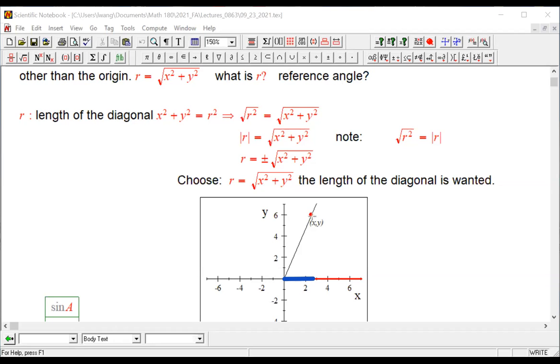And that is y. So this is x, and the other one is y, and that is r.